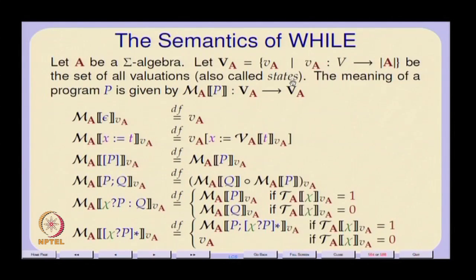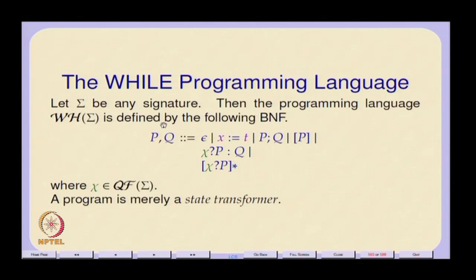In the case of an imperative programming language, you have states. Every element of this structure is a program. So you can compose programs, add programs, concatenate programs and so on.